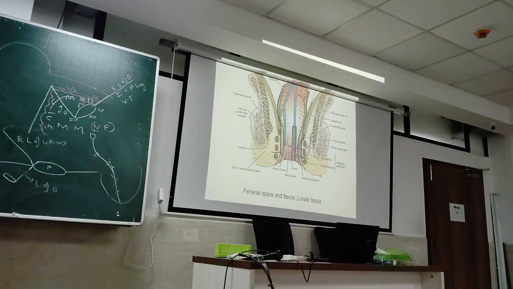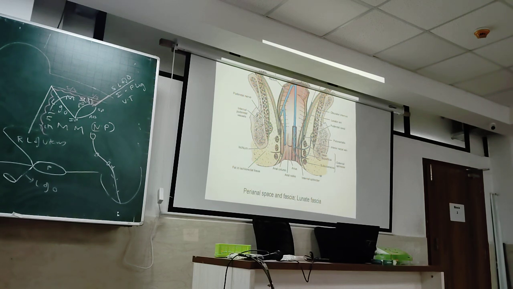Starting from the upper part of the pudendal canal and going to the upper part of the deep sphincter is a third fascia, with convexity above. That fascia is called the lunate fascia. Both the fascia are not shown here.